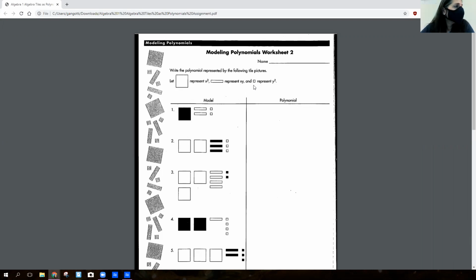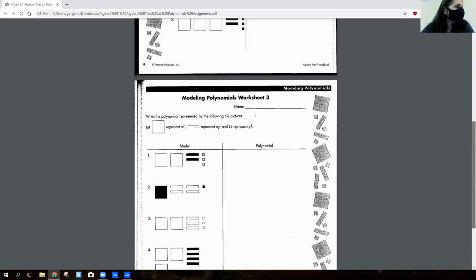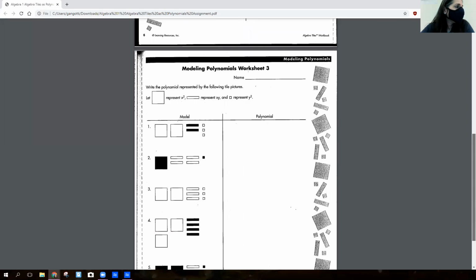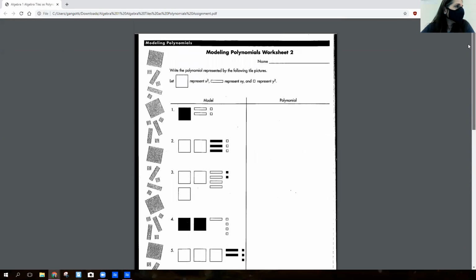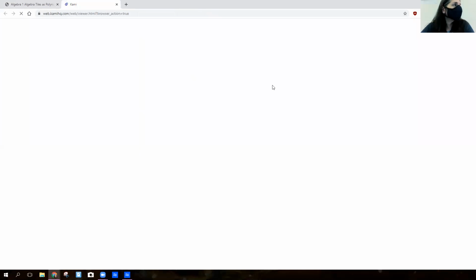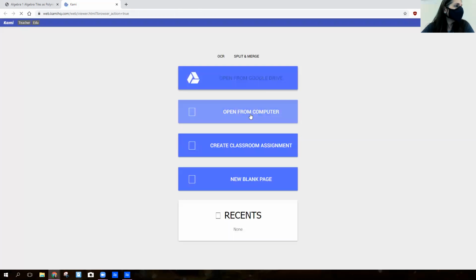I thought that was going to be units. I don't know why they're saying that that's y squared. I think I'm going to modify that. So let's just, I'm going to open this with Cami, and I'm going to change the directions a little bit.